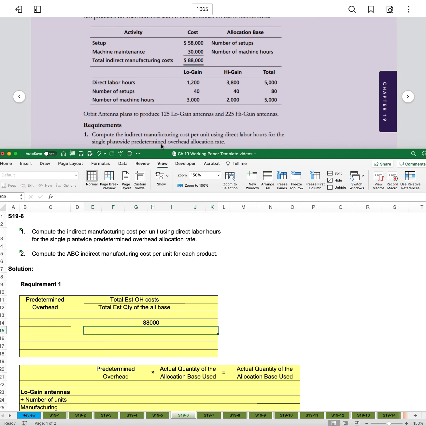And so we have total direct labor hours of 5,000 estimated. So 88,000 divided by 5,000 gives us $17.60 per direct labor hour.